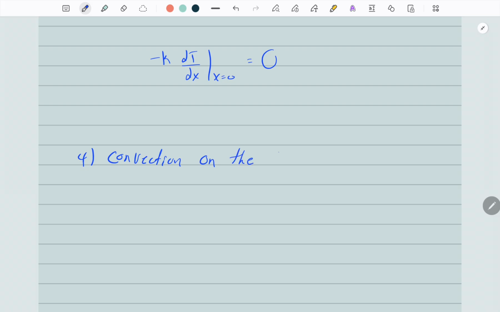On the boundary, for example, if you have a solid and you have a fan blowing onto the surface of the solid, that's not constant surface temperature. It's not constant heat flux. It's convection.